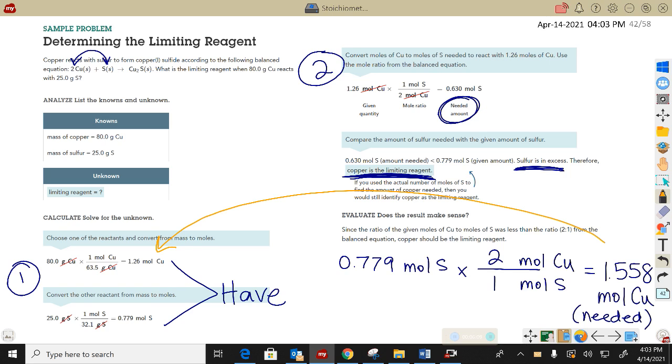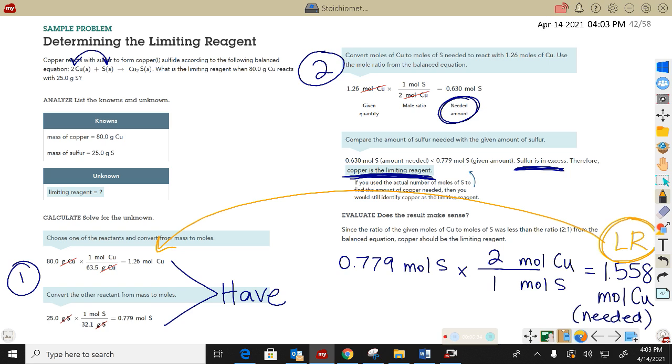I don't have enough copper to react all of that sulfur. In other words, I'm going to run out of copper. After I use up 1.26, the reaction is done. And so if you need more than what you have, you have found the limiting reactant, the LR.